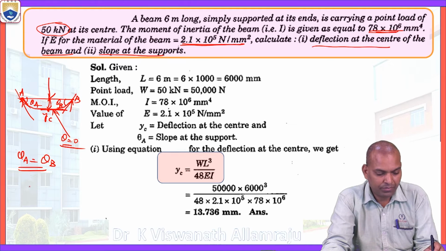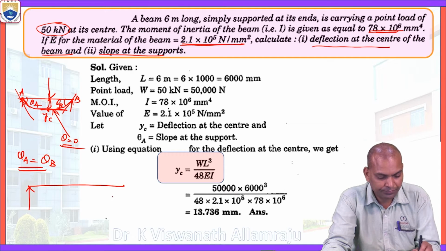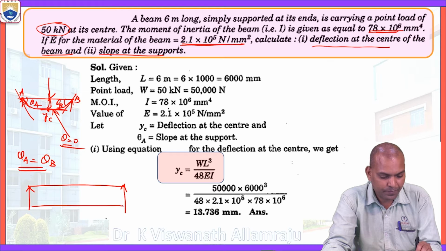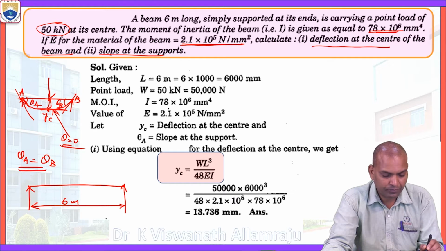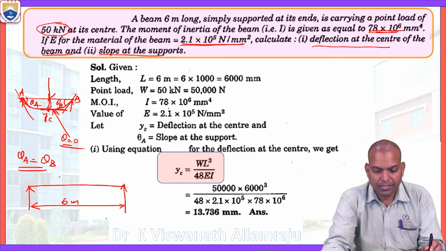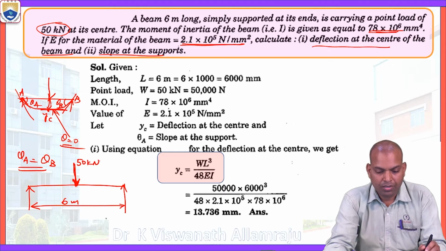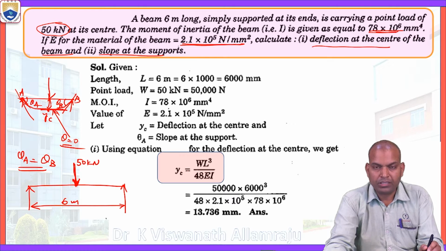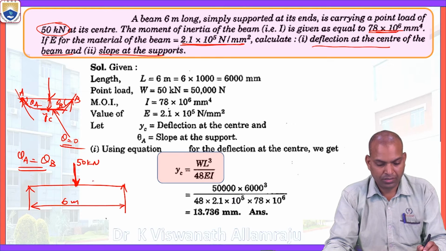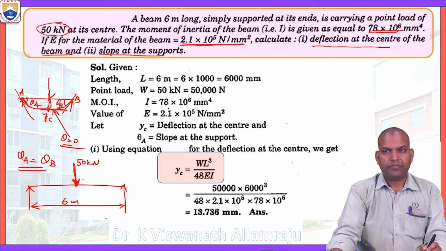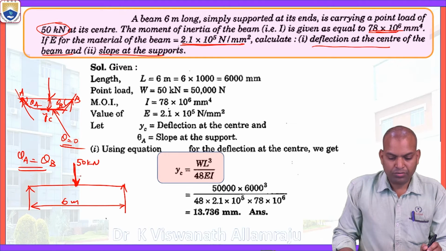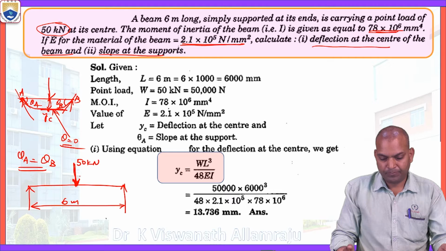If you draw the free body diagram, the point load is acting at its center. The beam is 6 meters long, simply supported at its ends, and carries a point load of 50 kilonewtons at the center. The moment of inertia of the beam, the I section, is 78 into 10 power 6 millimeter to the power 4, and the modulus of elasticity of the material is 2.1 into 10 power 5 Newton per square millimeter.